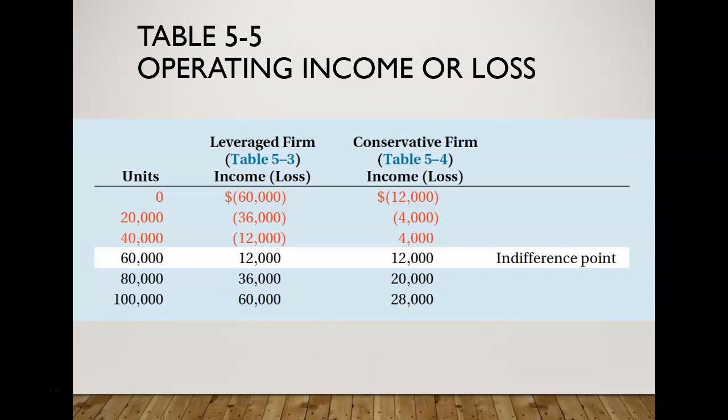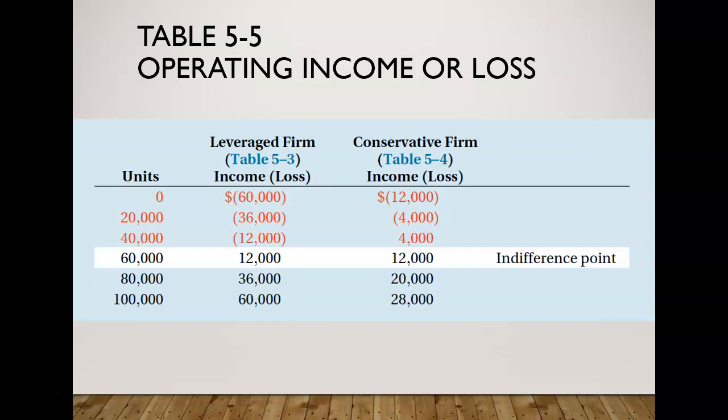So here are our two firms together, showing our high leverage firm versus our conservative firm. You can see that at 0 units, our conservative firm is losing $12,000, while our leverage firm is losing $60,000. At 20,000 units, the highly leveraged firm is losing $36,000 versus a conservative firm losing only $4,000.